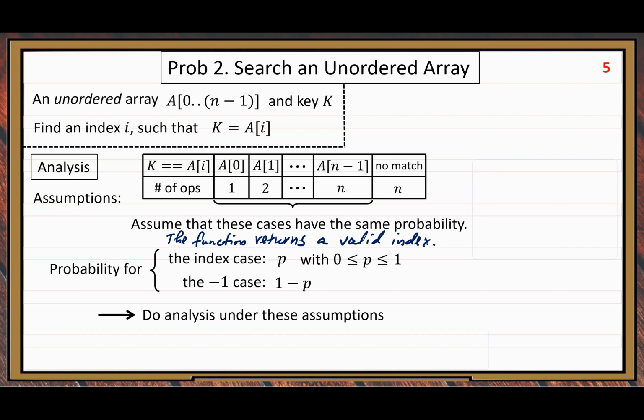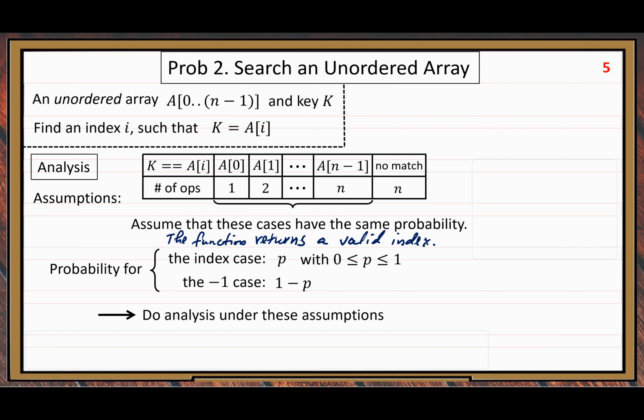Think about it. Case 1: one comparison, but with its own probability number. Case 2: two comparisons of contribution, but it has its own probability number.